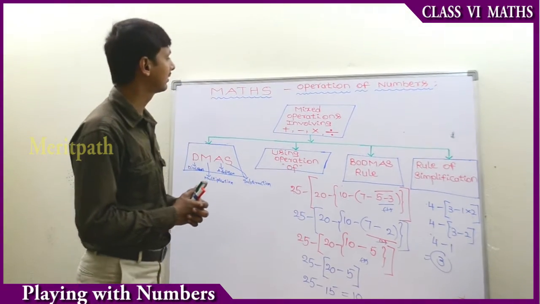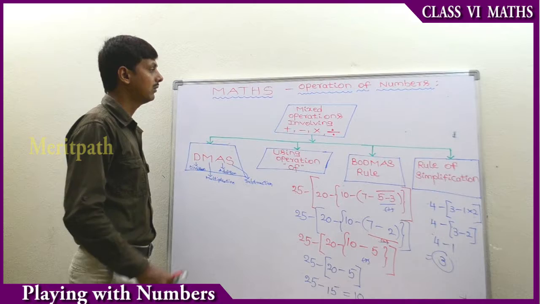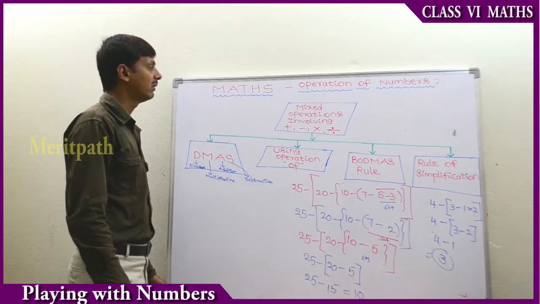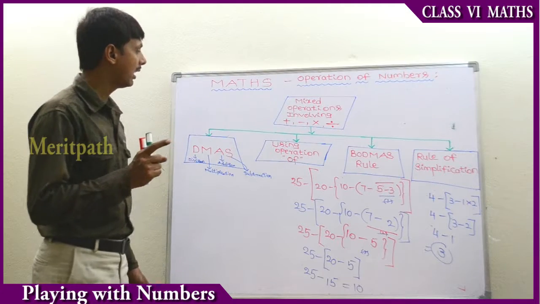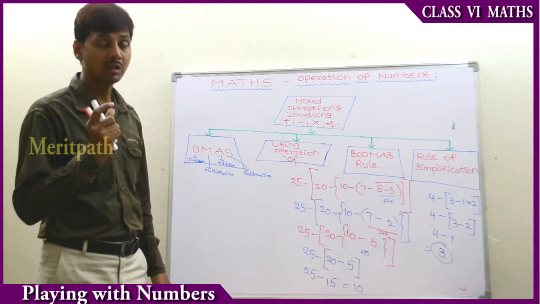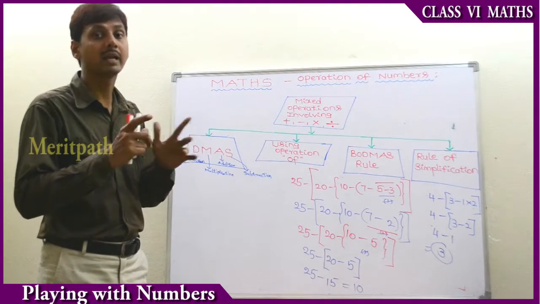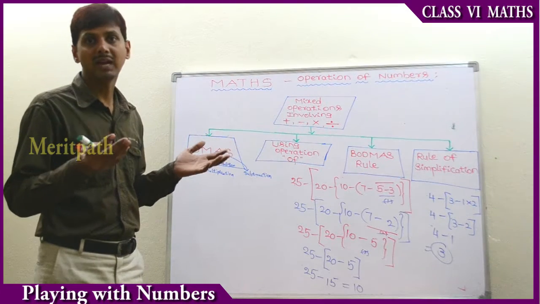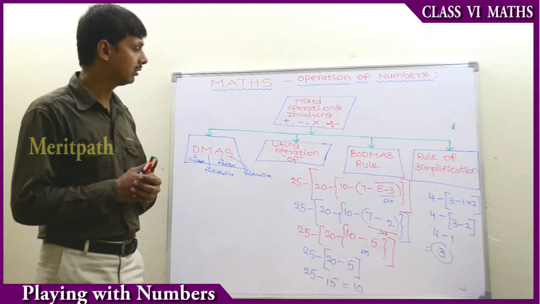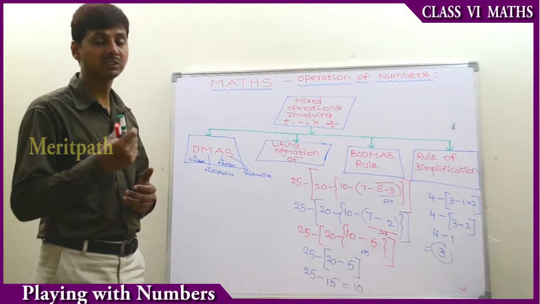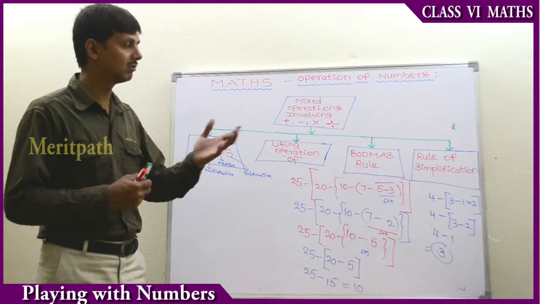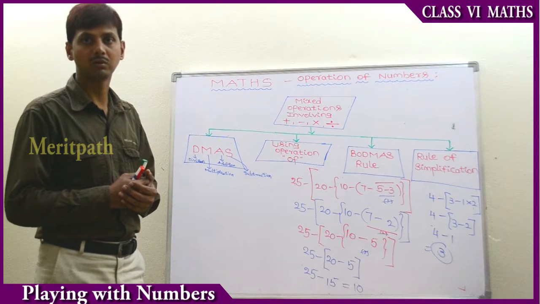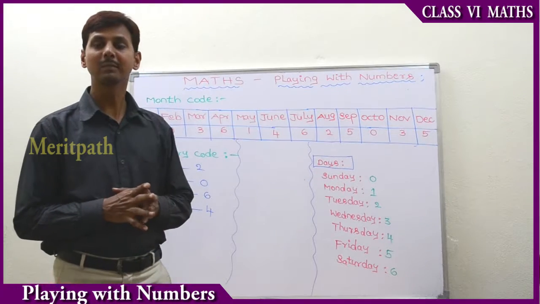So up to now we have discussed mixed operations involving addition, subtraction, multiplication and division, that is BODMAS rule, and using the operation of, we need to simplify of first, then the remaining signs. BODMAS rule: bracket, of, division, multiplication, addition, subtraction, and the rule of simplification. We have certain rules we have discussed just before playing with the numbers.